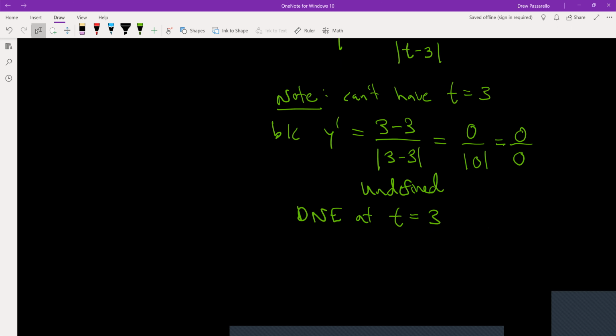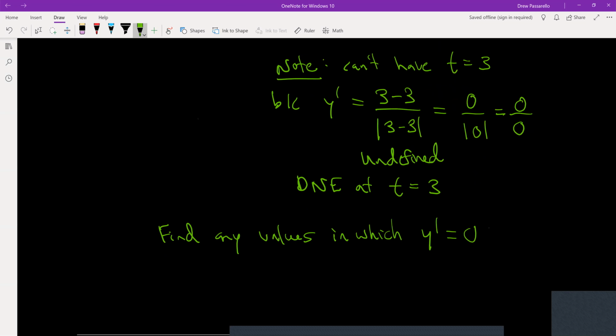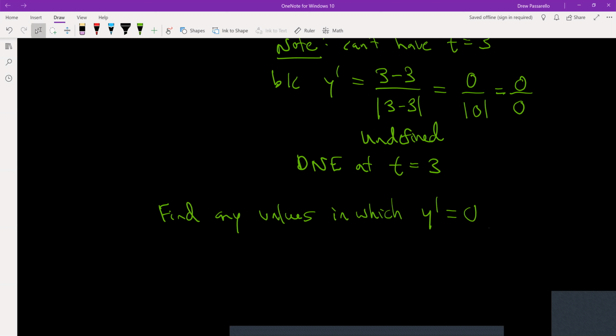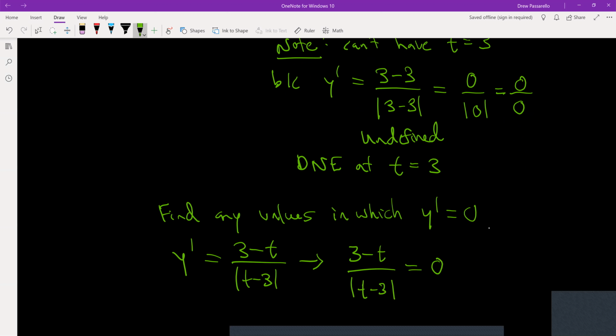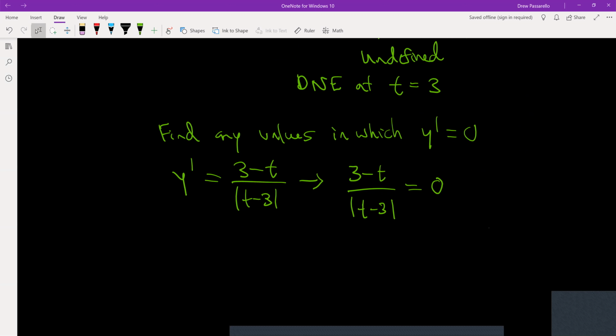All right, and if we were to do the other case, finding any values for which y prime is equal to 0, you would set the derivative equal to 0, and again, the derivative is 3 minus t over the absolute value of t minus 3.